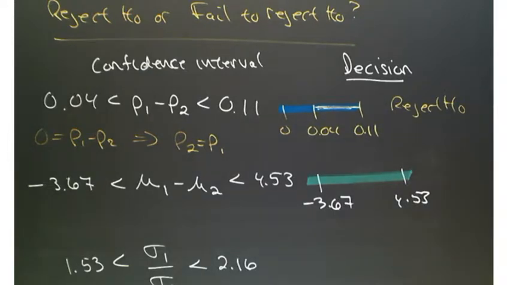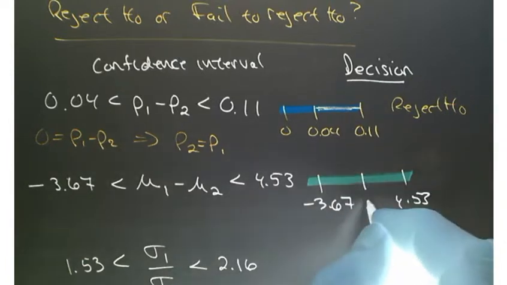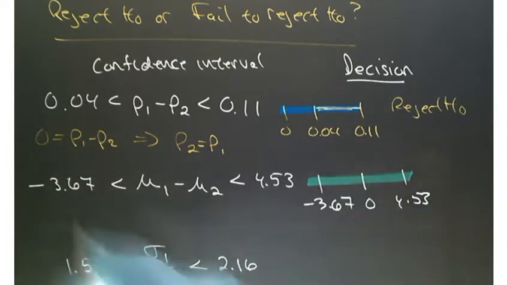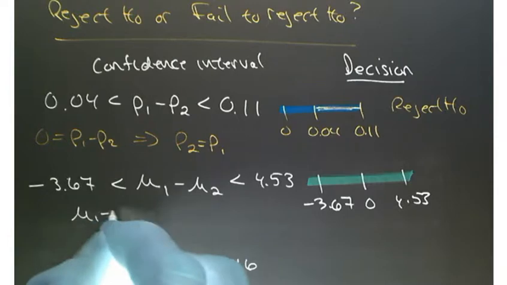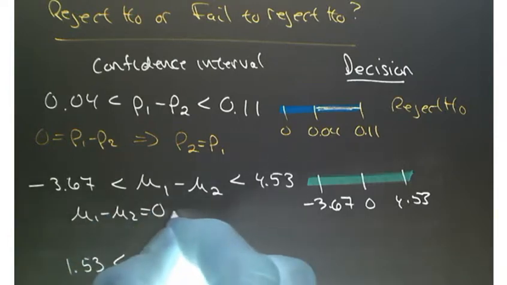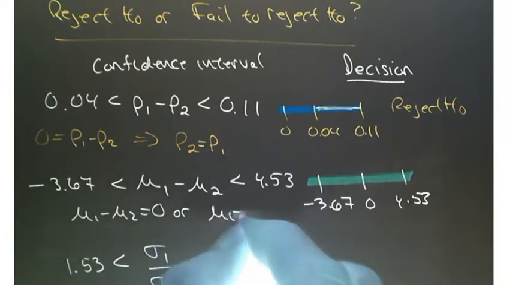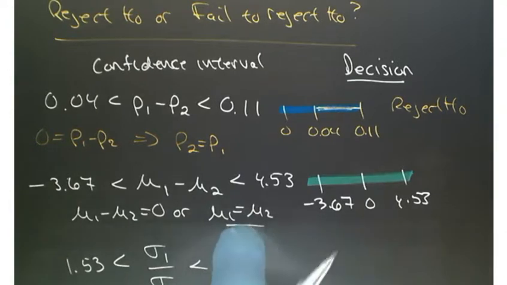What special number is contained in that interval? 0, right? 0 is inside there. So one of the possibilities is that mu1 minus mu2 could equal 0, or mu1 equals mu2. And that is always going to be part of your null hypothesis. So what decision does that correspond to? Fail to reject. Good. Fail to reject.